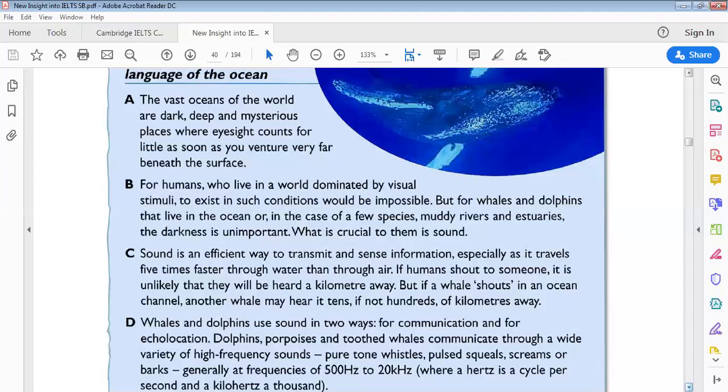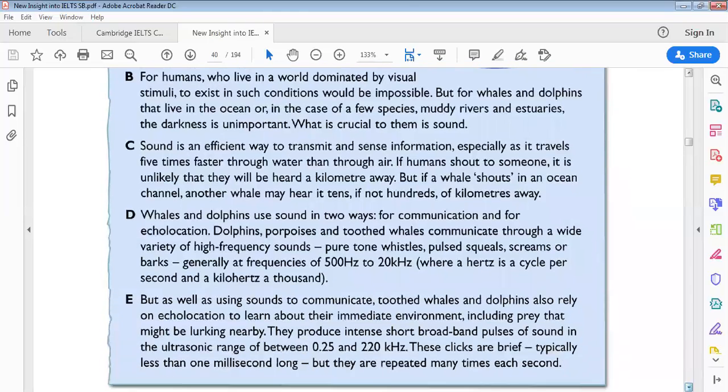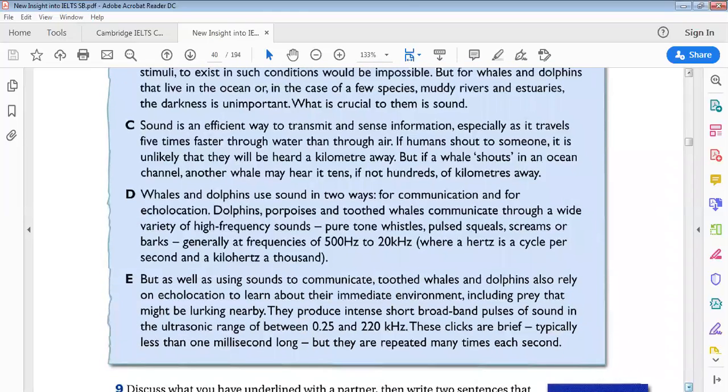Crucial to them is sound. Sound is an efficient way to transmit intense information. Travels faster than in air. Swift is an unlikely.